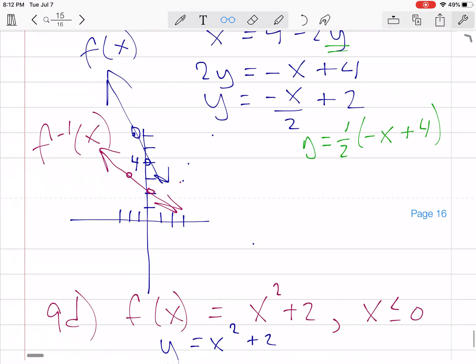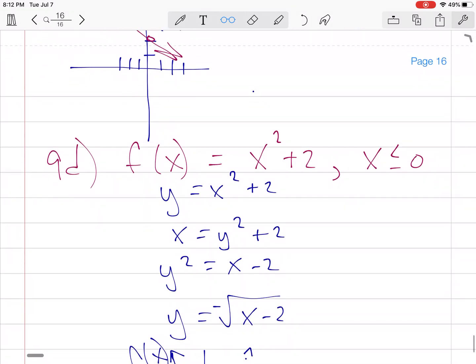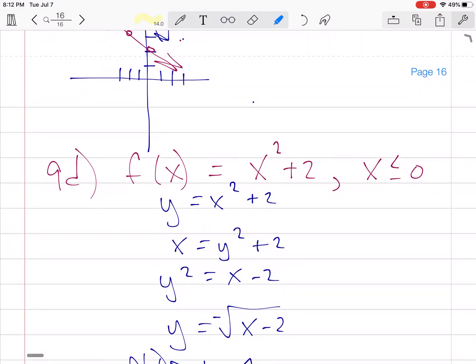Let's look at the next one here, 9D. Now this one's a little bit tricky. Here, the inequality is x is less than or equal to 0. That's basically an inequality only for the original function, not for the inverse, but it impacts what the inverse is going to be.